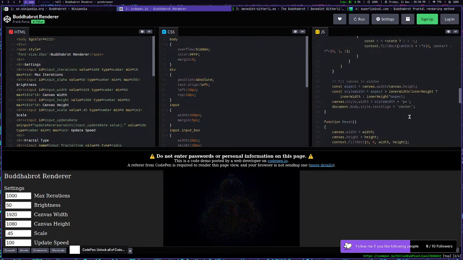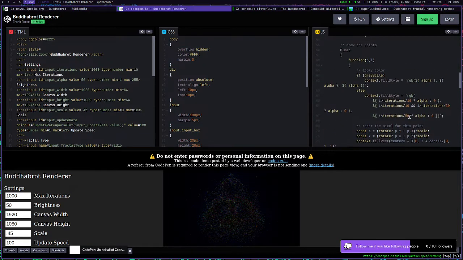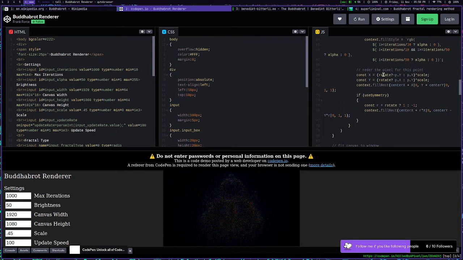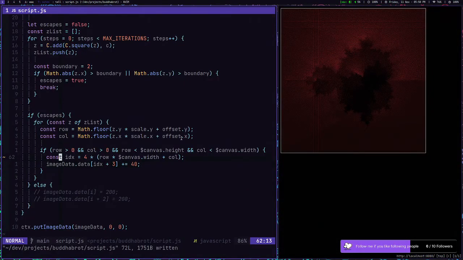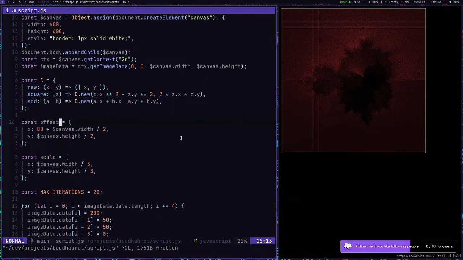Let's see where it draws the thing. Okay, it's not offsetting anything. Actually, you know what? Let's get rid of the offset. I feel like that just adds an additional bit of... I was thinking if we will be able to move around this after it's drawn, but that will also be much trickier than I'm imagining right now.